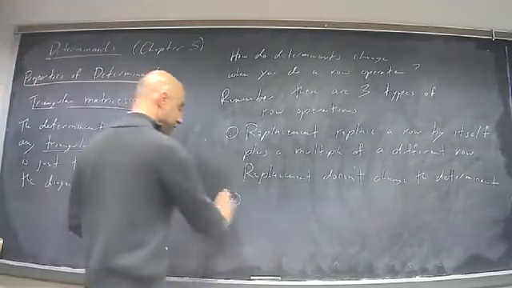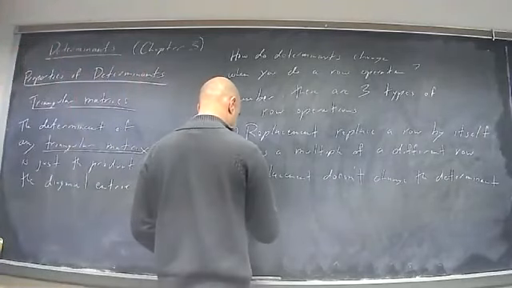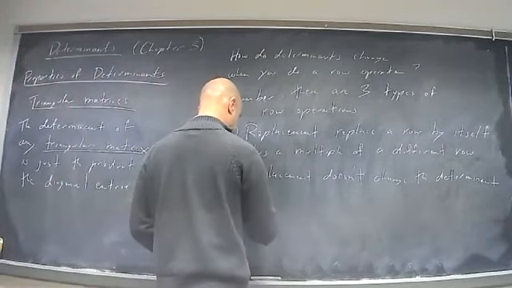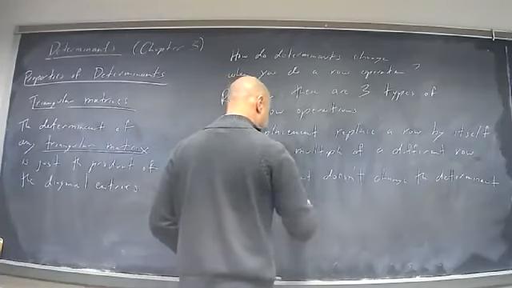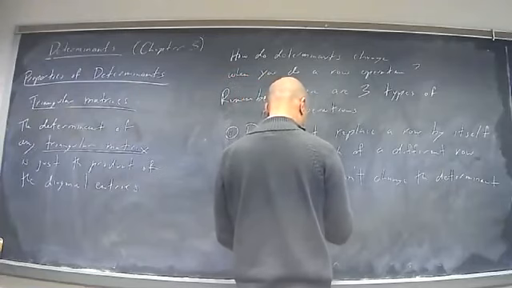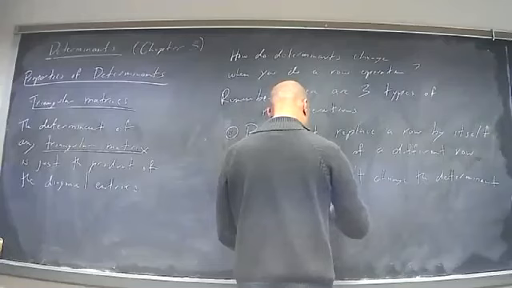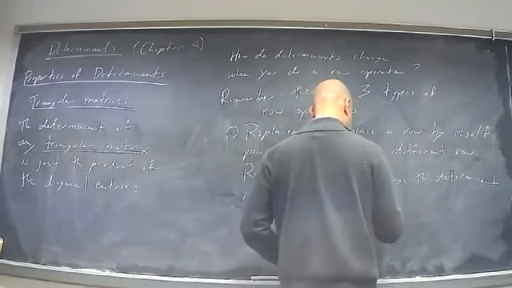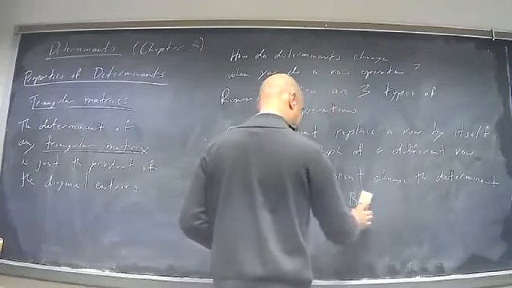So in other words, if A and B are both square matrices that are identical, except you get B by doing a row replacement for A, let me phrase that differently.